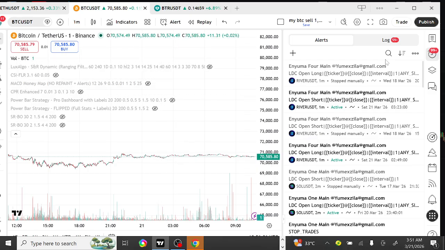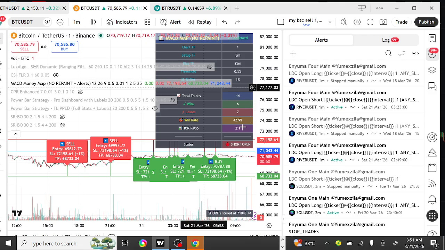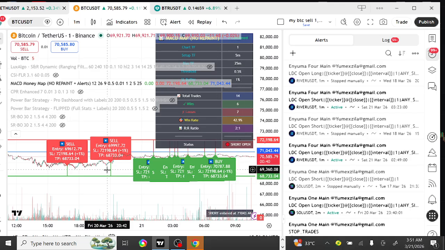If I open each of these, you see that there are a lot of them out there, but this MACD is the next one to that one I showed you. This MACD is a 2-to-1 ratio, 42%. This is 6 wins, 7 losses, but this is 2-to-1, so it gives you a perfect result. And the winning distance is very long.